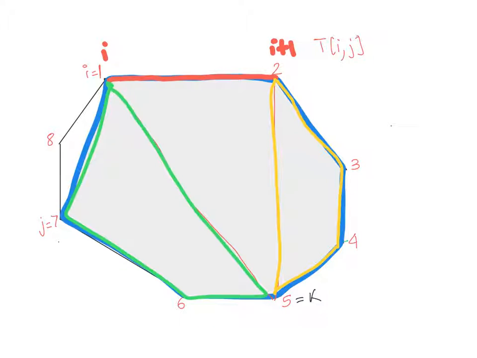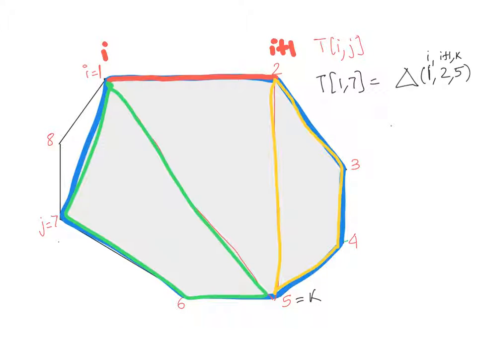So we write the min-cost triangulation of the section 1, 7 to be the cost of the triangle 1, 2, 5, which is really our i plus 1, k.